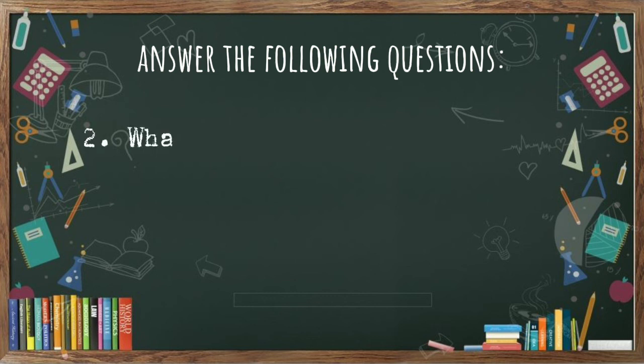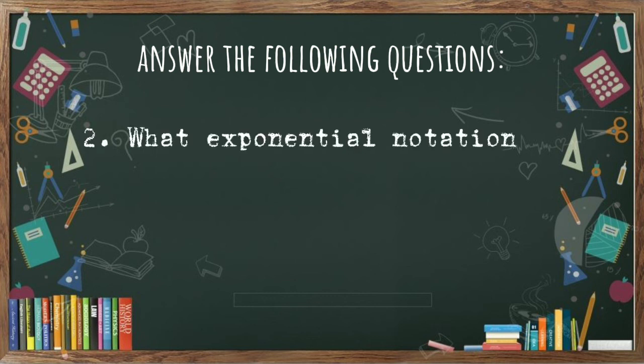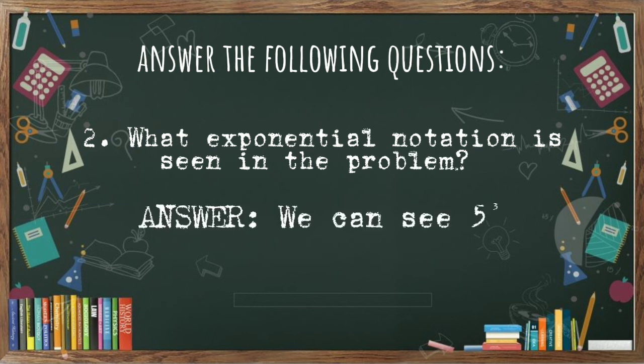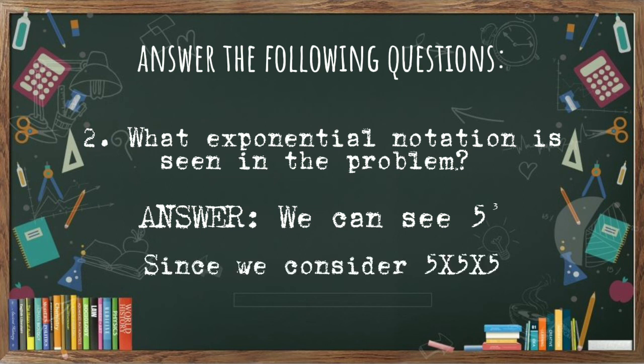Alright, number 2. What exponential notation is seen in the problem? We can see 5 cubed or 5 raised to the power of 3 as an exponential notation here, since we consider 5 times 5 times 5.